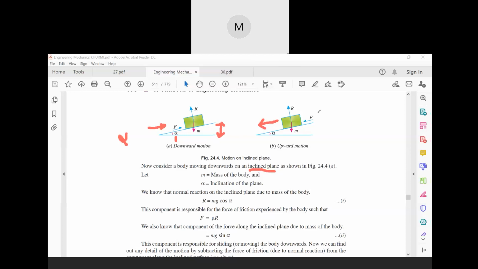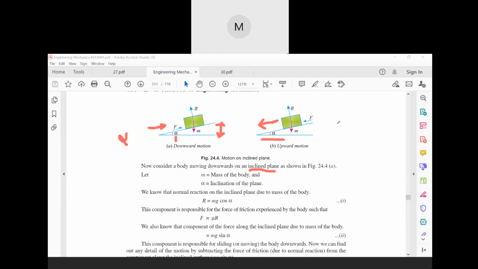Now what will happen? If the body is moving in the upward or downward direction, then we can say that the plane is inclined with the horizontal, right?